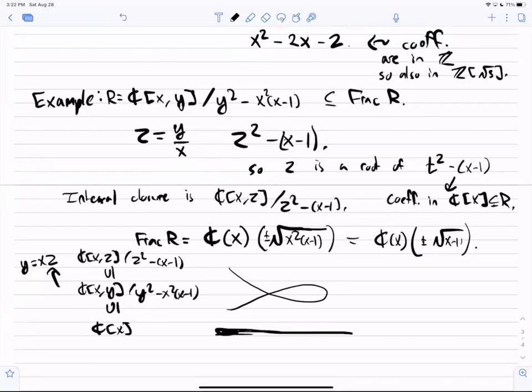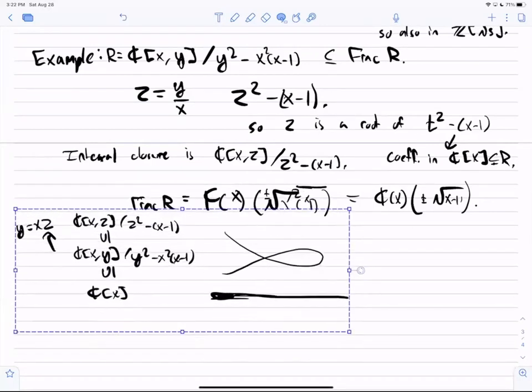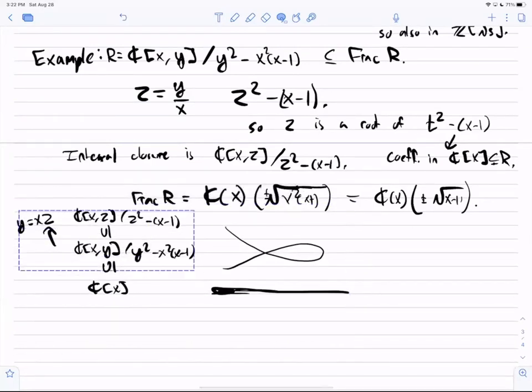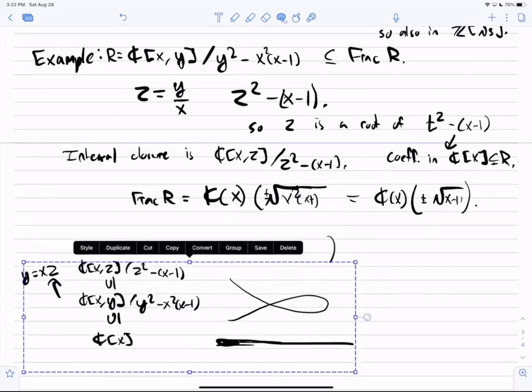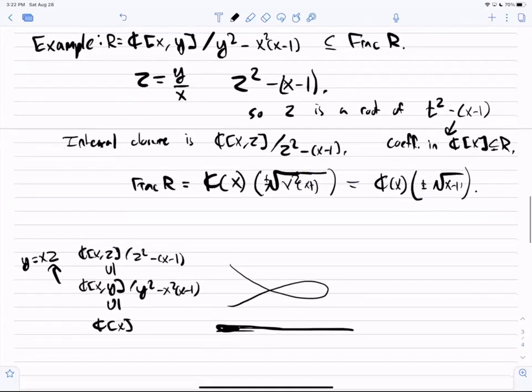Here, let me make myself some more room. Okay, so this is roughly the picture.